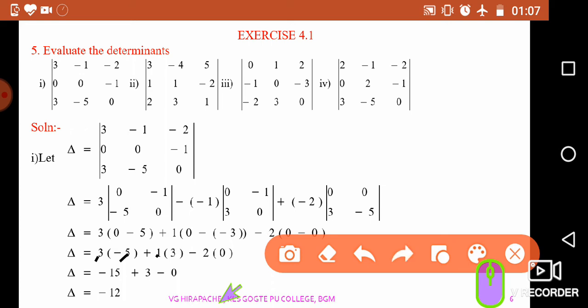Therefore, it gives 3 into 5 is 15, 1 into 3 is 3, and 2 into 0 is 0. Therefore, 15 plus 3 gives 18. Therefore, the value of this third order determinant is minus 12.